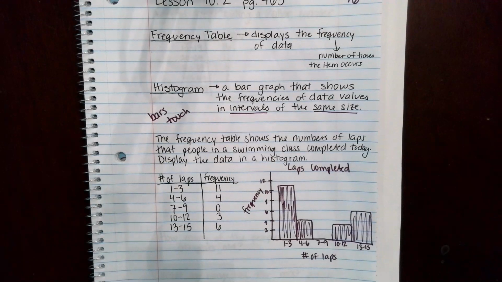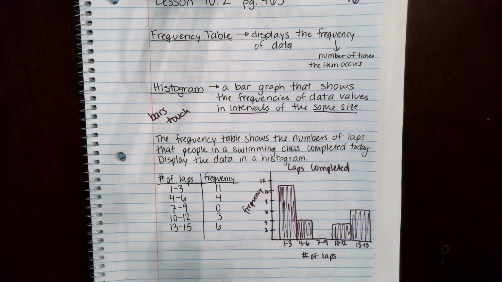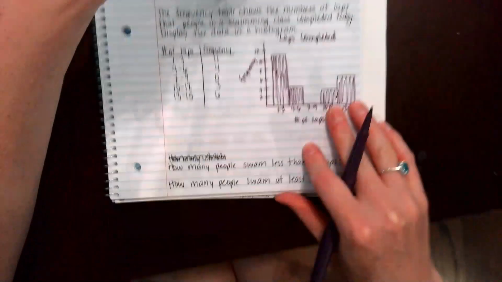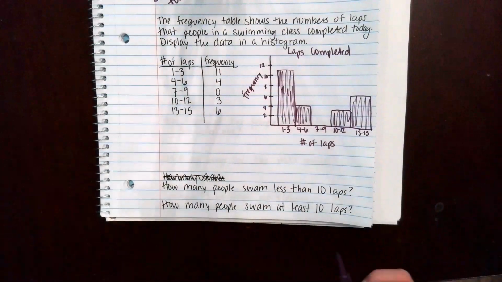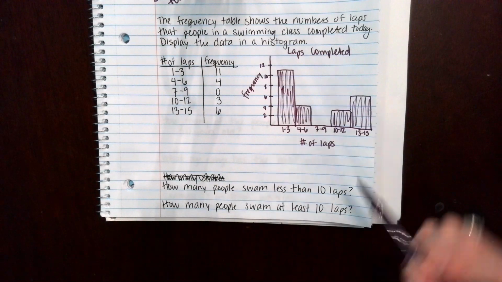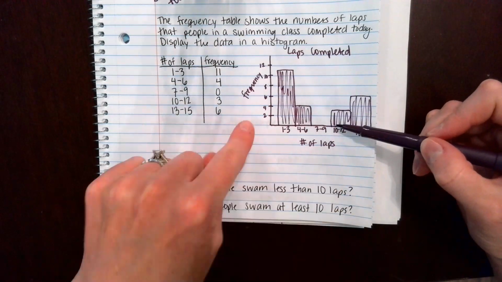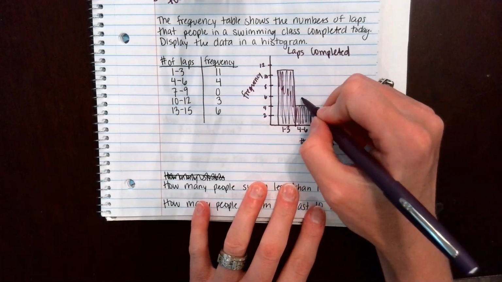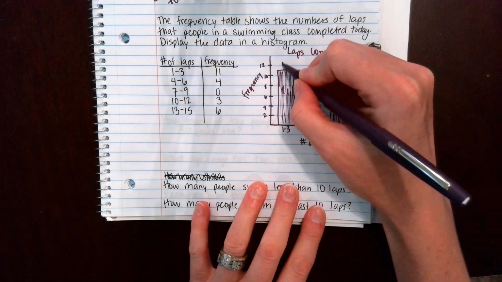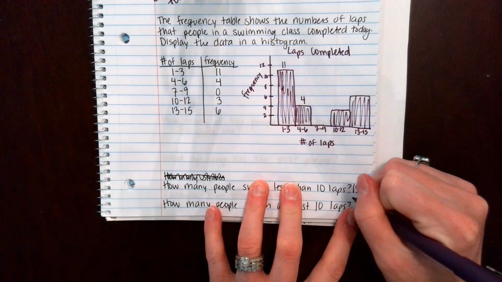So how many people swam less than 10 laps? If we answer these questions now using our histogram here, how many people swam less than 10 laps? So that means fewer than 10. Here's 10 laps. Less than 10 would be this section and this section. This section had 4 people. This section had 11. So 15 people.